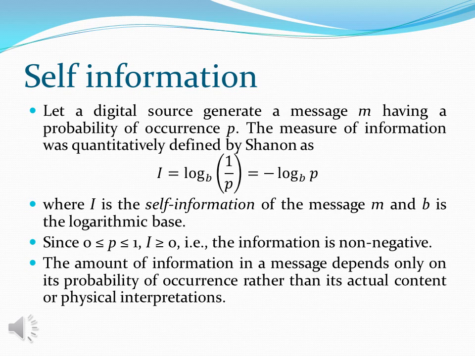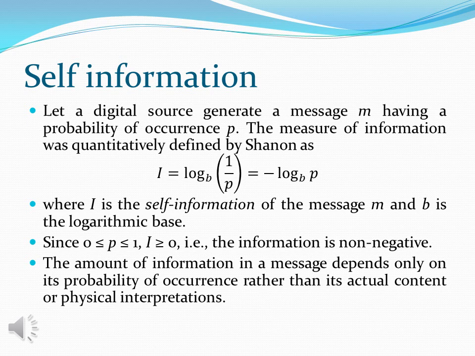What is self-information? Now, let a digital source generate a message M having a probability of occurrence P. The measure of information was quantitatively defined by Shannon as I equal to log 1 by P base B, that is minus log P base B, where I is the self-information of the message M and B is the logarithmic base.